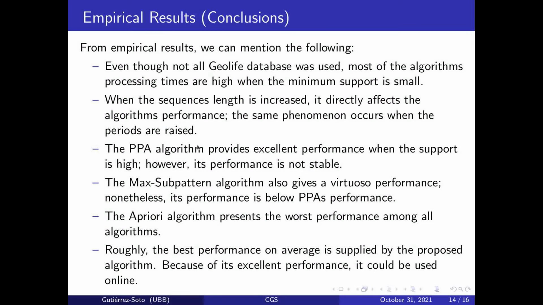Maximum Pattern algorithms give a good result too. However, its performance is below PPA. The Apriori algorithm is the worst of all algorithms, of course, because it checks all possible subsets. However, every time the support is increased, Apriori reduces the time, of course.